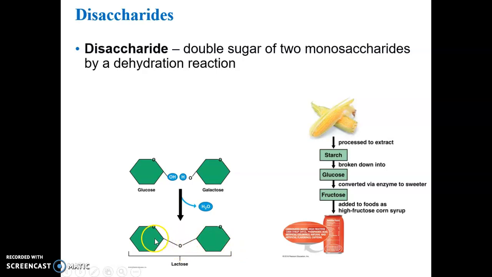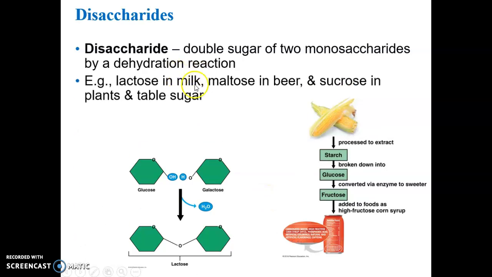For example, lactose through dehydration, right? Notice a chemical bond is formed, water is kicked out, so that's a dehydration reaction that's linking two monosaccharides to form a disaccharide in this example here. Right? So examples: lactose in milk, maltose in beer, or sucrose in plants, and our table sugar is sucrose.